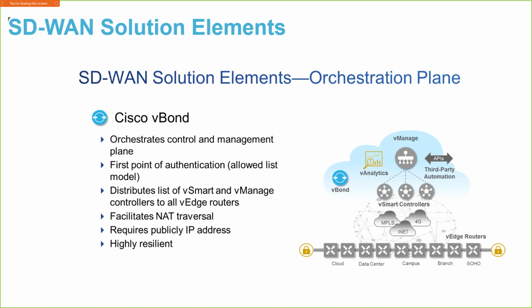And it's also going to advise vSmart controllers if new vEdges join the network, or the SD fabric in this case. It also serves a role to inform the vEdges if they're behind a NAT device.